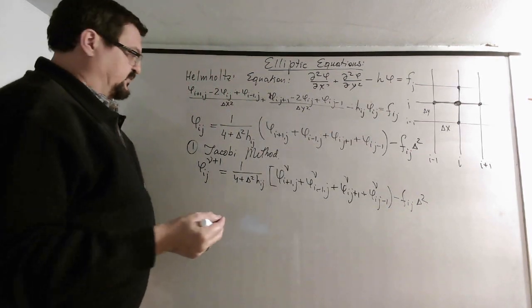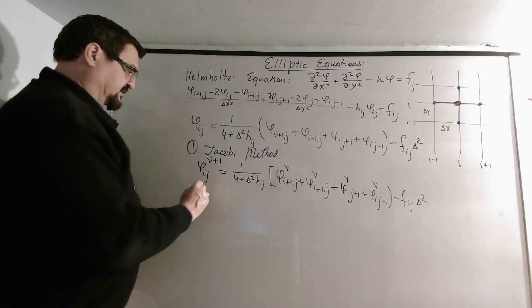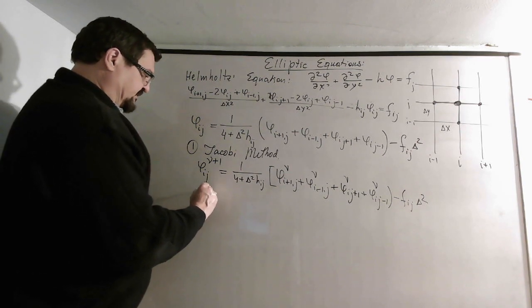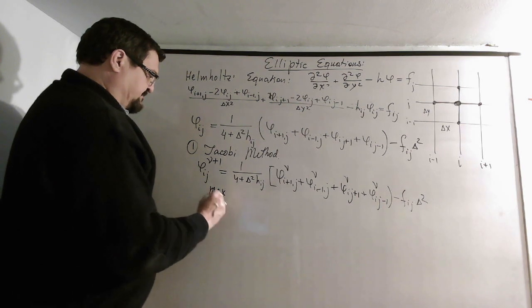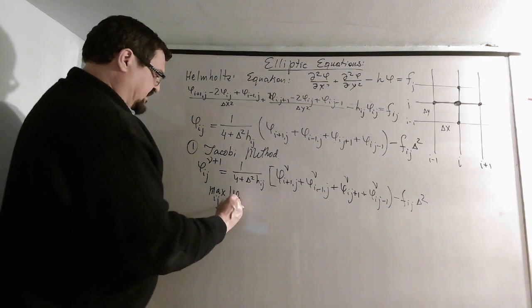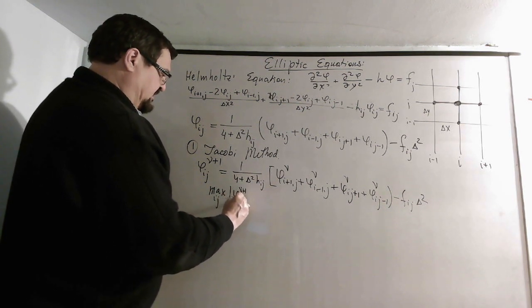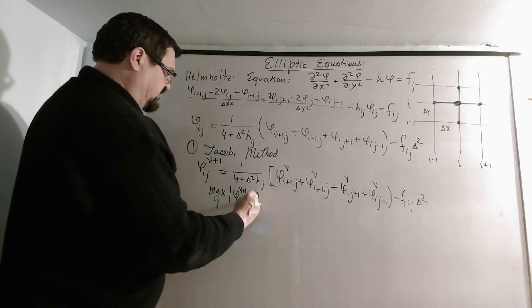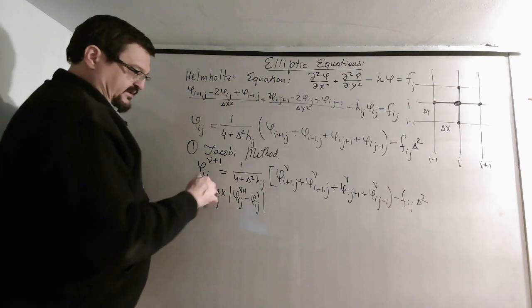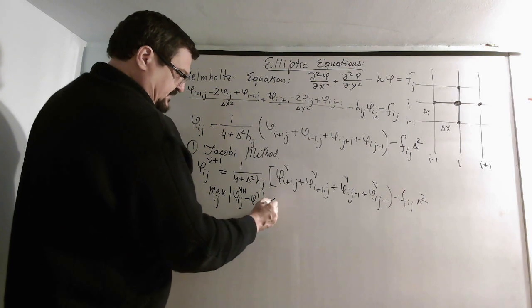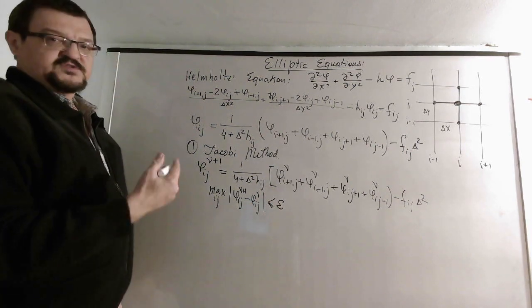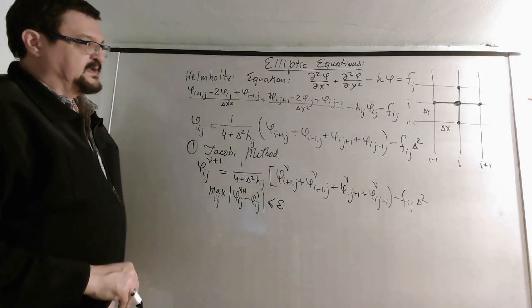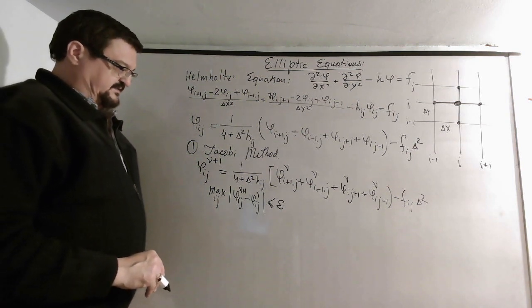And you stop when some norm, let's say the max over ij of phi ij nu plus 1 minus phi ij nu, so the maximum everywhere on the grid, is smaller than some epsilon which you choose. Then you stop your iterations, and the solution has been achieved.